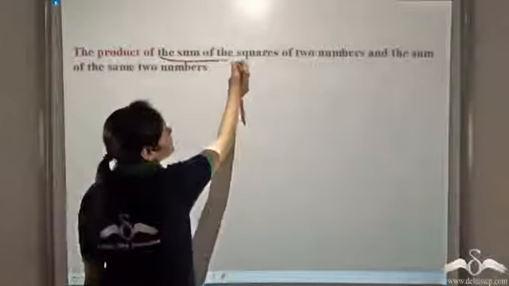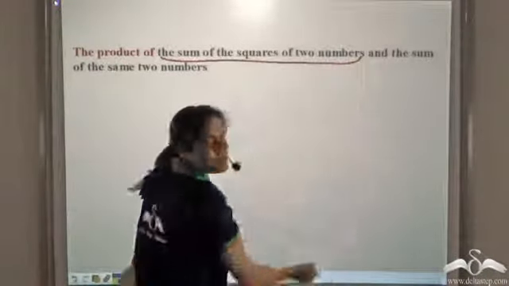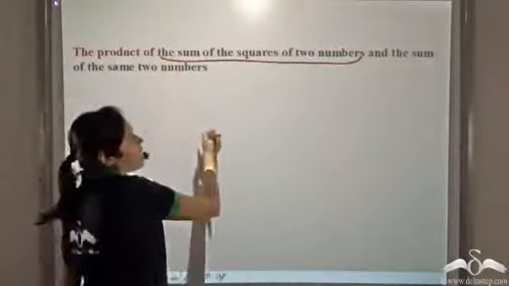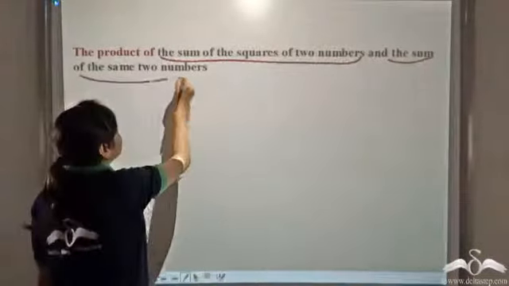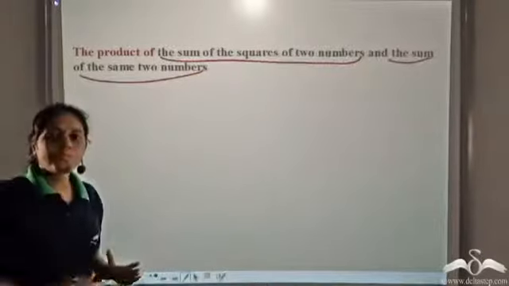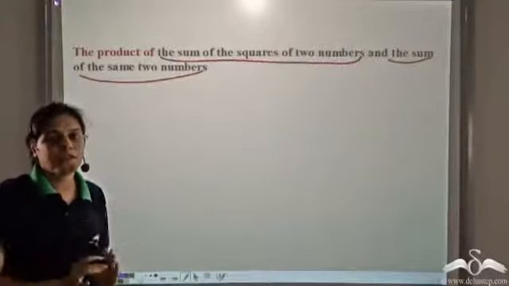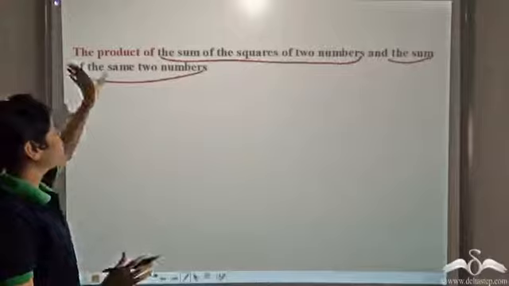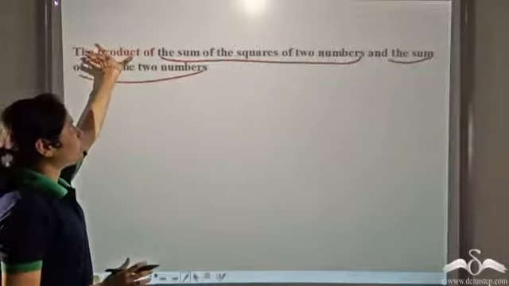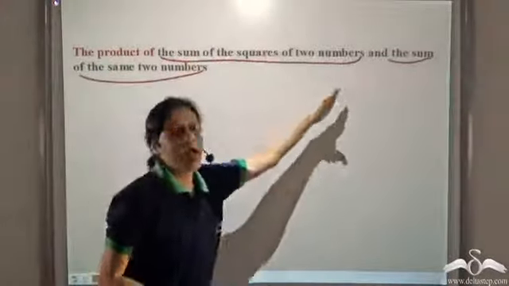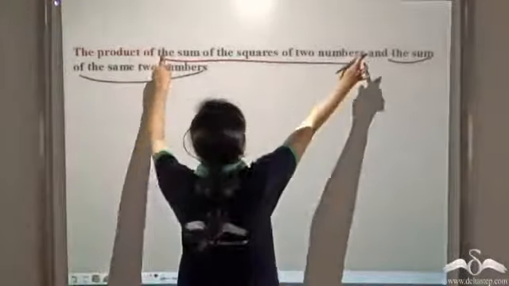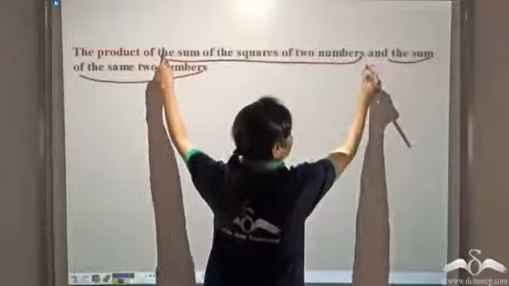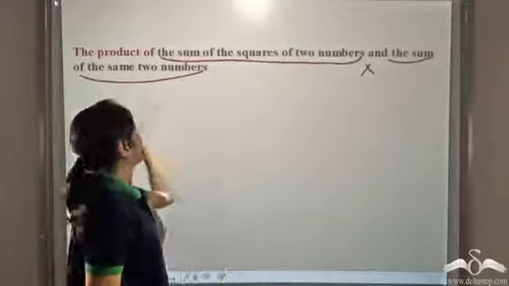One is this, and the second is this. At the moment, we are not bothered what they are. We just need to know that it is the product of this and this. So it can be written as this part multiplied by this entire part.